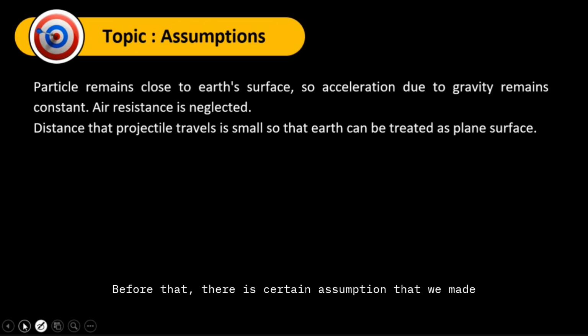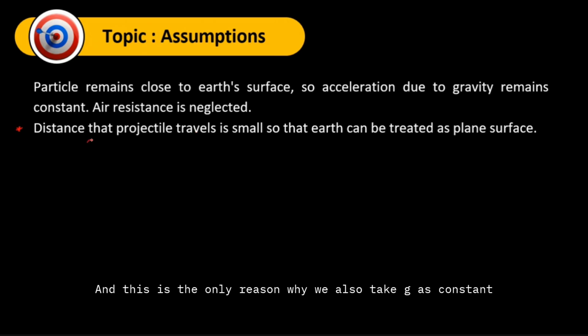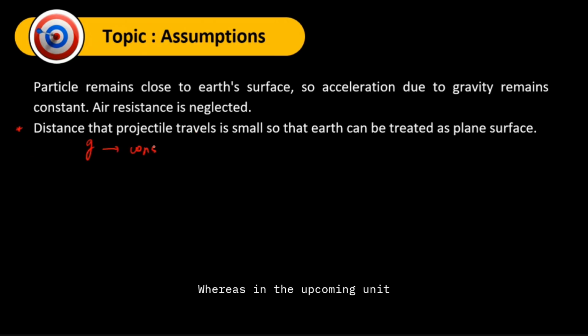Before that, there is a certain assumption that we made. We already talked about that. The distance that the projectile will cover is very small, so that we can consider Earth as a plane, and this is the only reason why we also take g as constant. In the upcoming unit, we will find that g does vary with certain things, like with height and with depth, and g has its maximum value on the surface. On the surface of Earth, it has the maximum value, that is 9.8.